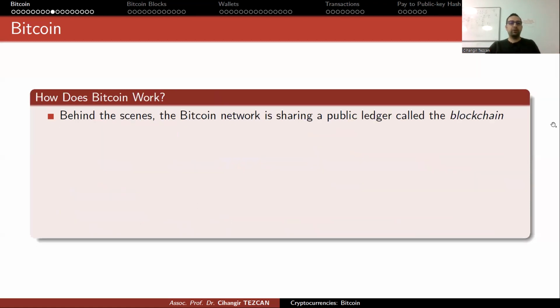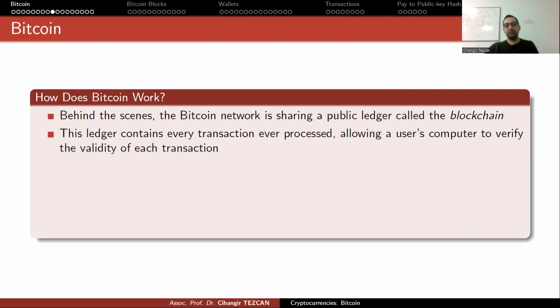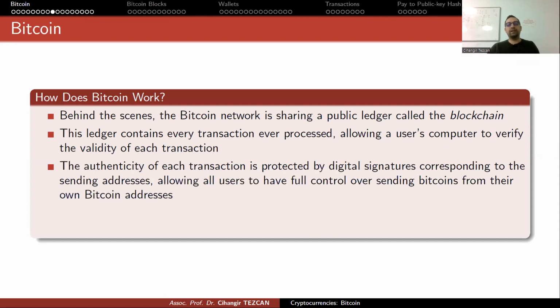So how does Bitcoin work? Behind the scenes, the Bitcoin network is sharing a public ledger called the blockchain. This ledger contains every transaction ever processed, allowing a user's computer to verify the validity of each transaction. The authenticity of each transaction is protected by digital signatures corresponding to the sending addresses, allowing all users to have full control over sending Bitcoins from their own Bitcoin addresses.